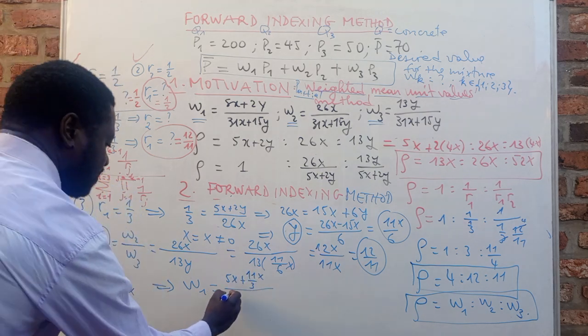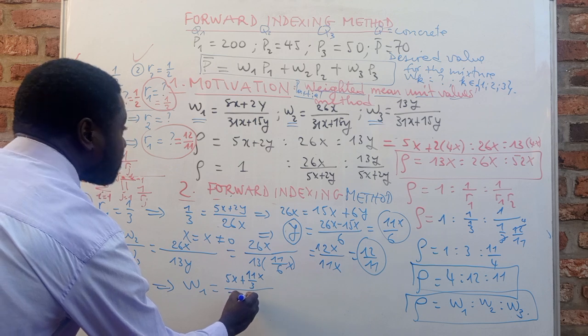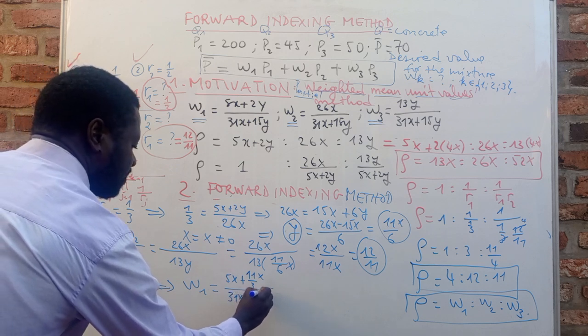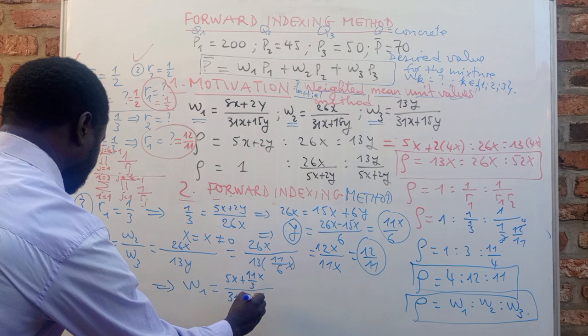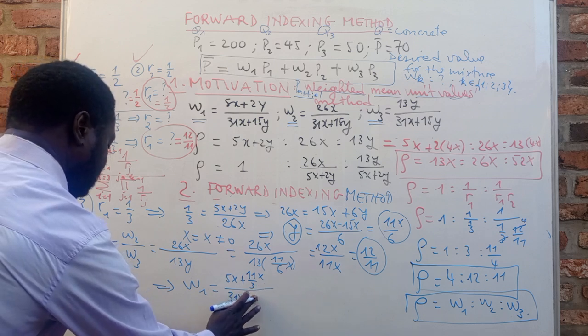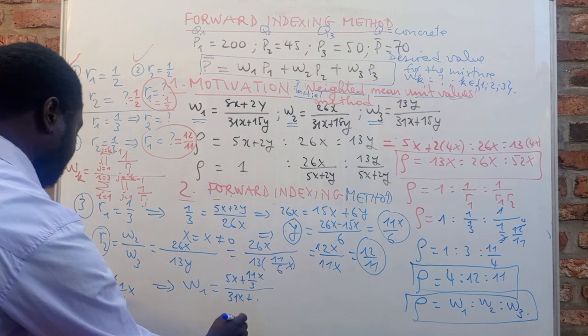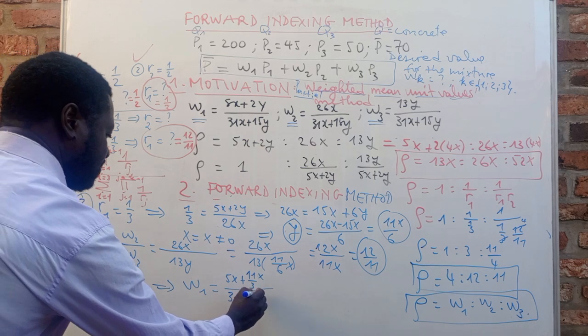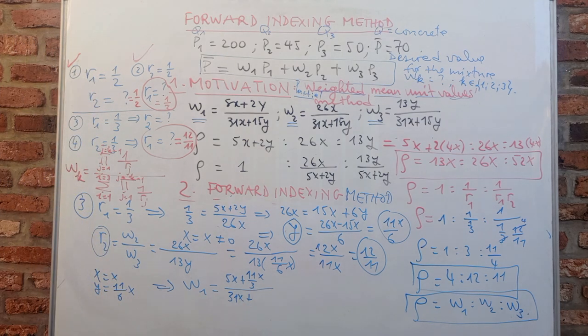Now here it is 1x plus 15 times over 6, simplified by 2 is 5.